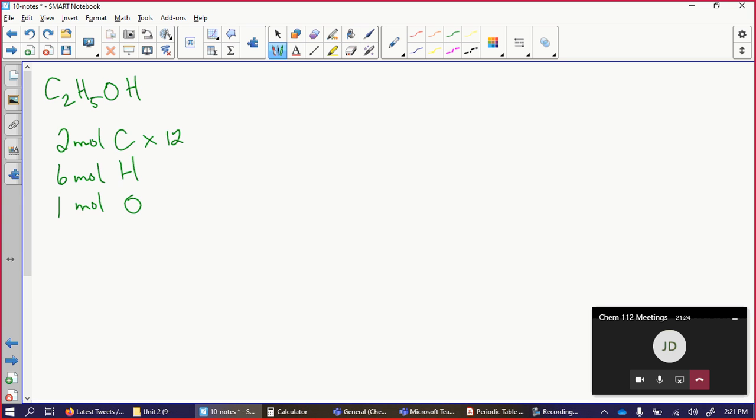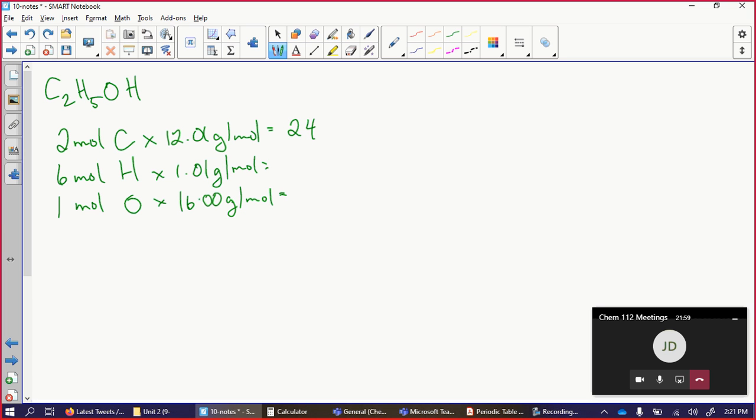This is 12.01 grams per mole times 2. And some people will do the math out and do each one. I do it like this if I'm teaching it, because eventually, if someone said, hey, what's the molar mass of ethanol, I would probably just do it in my head. Because 12, 24, and 6 are 30, so it's going to be 46-ish.